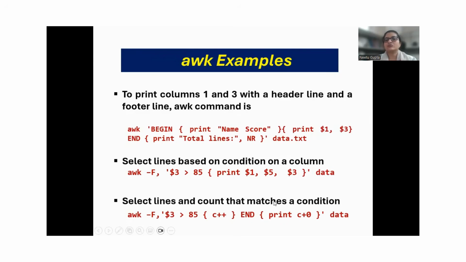It selects lines and counts those that match the condition. Here I'm not printing the lines; I'm printing the number of lines where $3 is greater than 85. The portion before end is a body block that will execute on every line, and the end block will execute at last. It is only printing C once.